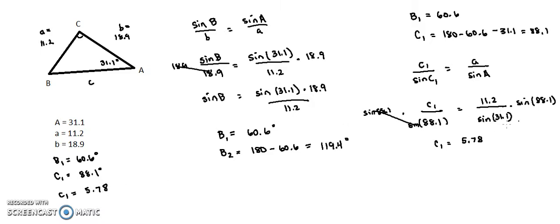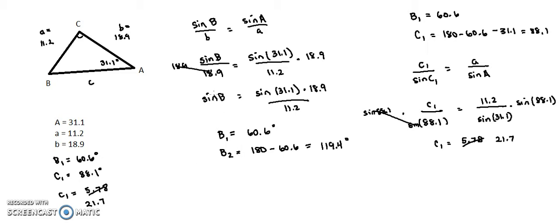So I knew I had to have put something in the calculator wrong, and I did. This should actually come out to be 21.7. Side c should be 21.7. So we all make mistakes. That's one way that you can catch and make sure your largest side should be across from your largest angle, and your smallest side should be across from your smallest angle.